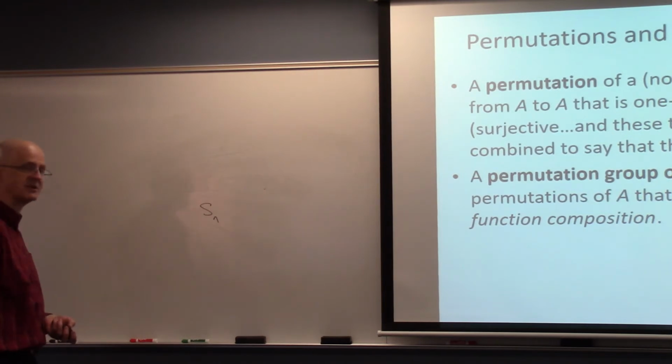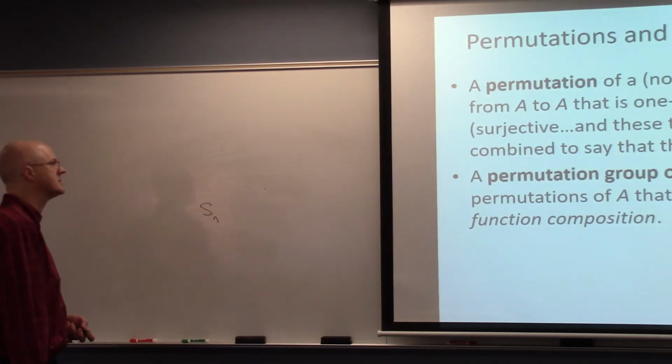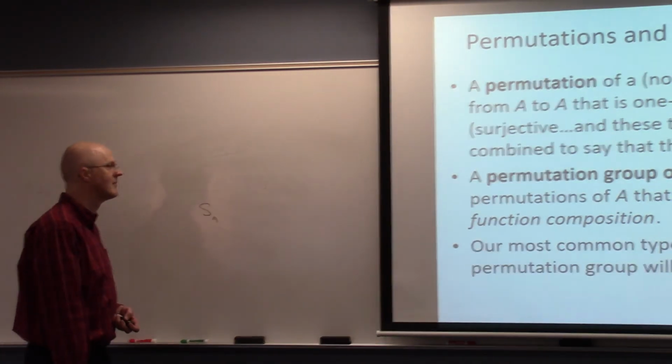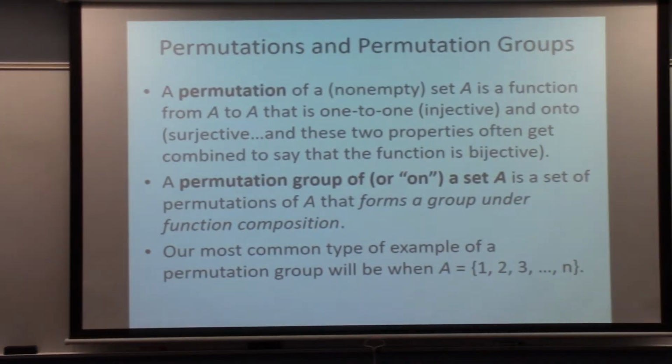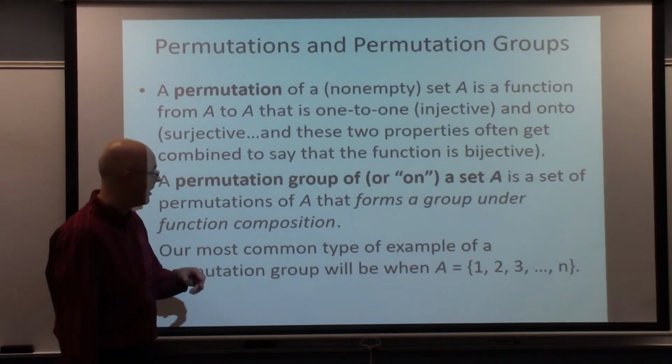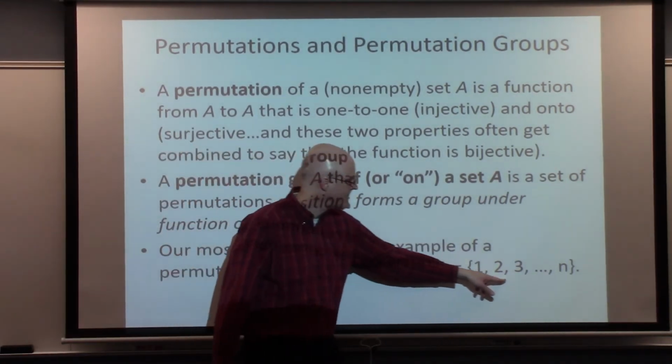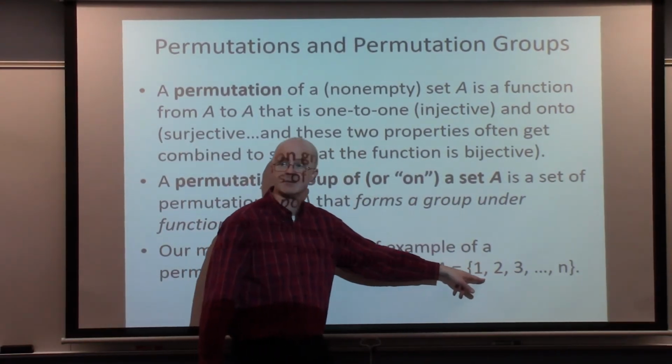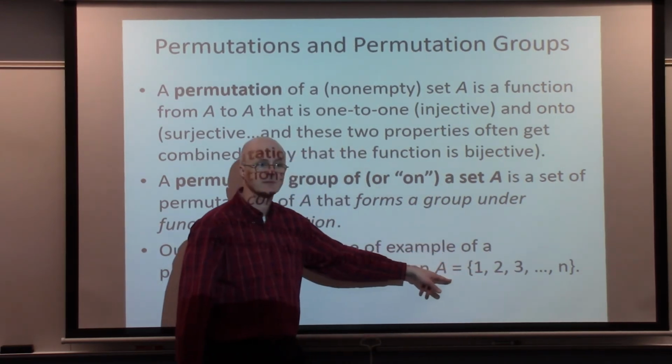The symmetric group is just a very special and important permutation group. That would be the set of all, emphasis on the word all, possible permutations on this set. All possible one-to-one and onto functions from this set to itself.